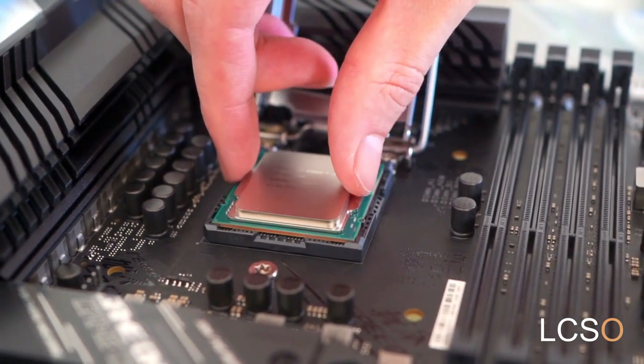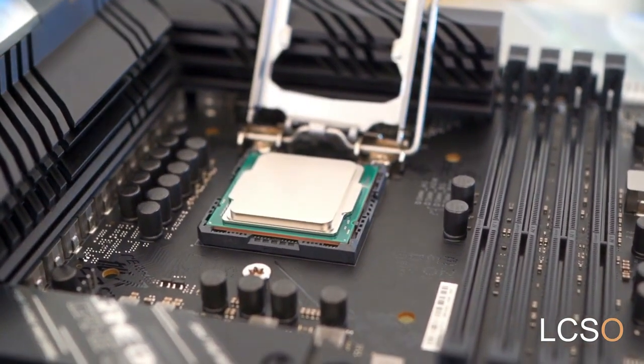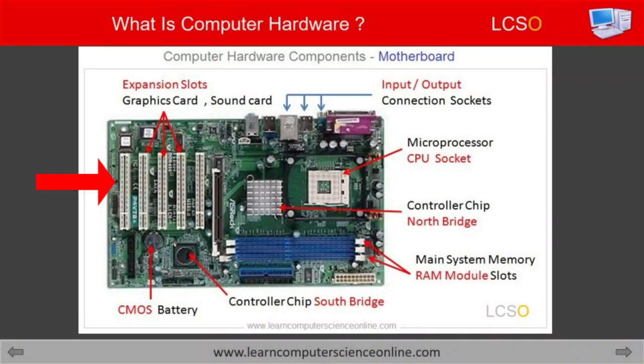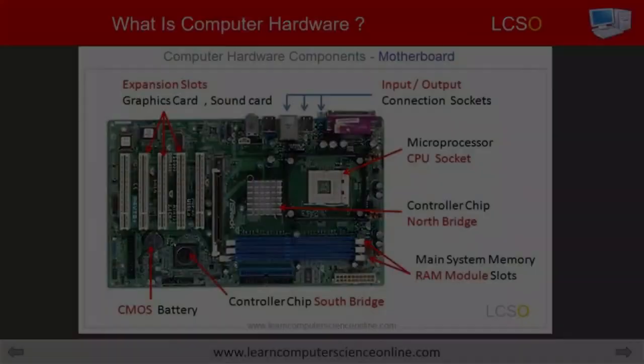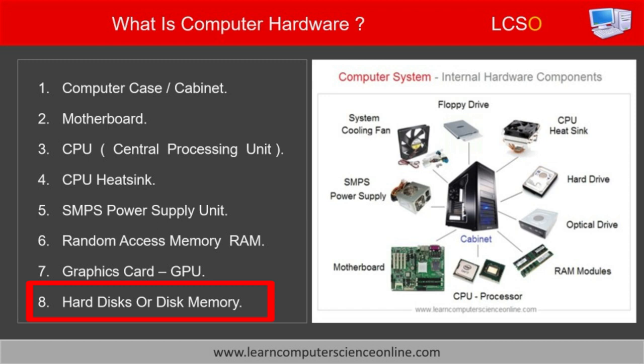High-performance computers are mainly used for some high-end jobs, such as video editing, computer graphics, or simply for playing high-end video games. The graphics card significantly improves the user experience and the quality of the graphics rendered by the computer system.